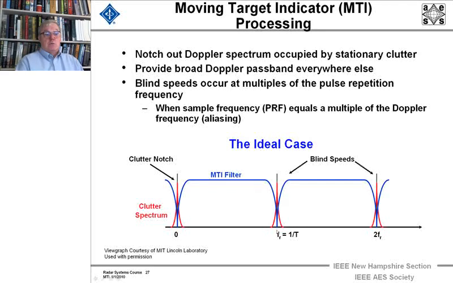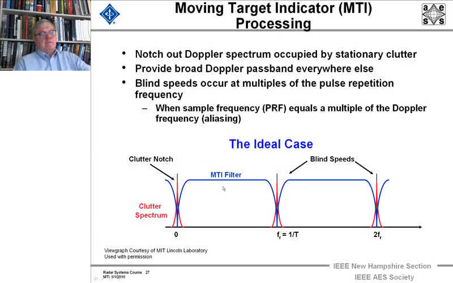And notice that at 1 over the time between pulses, we get a phenomenon called blind speeds. Blind speeds occur at multiples of the pulse repetition frequency, that's Doppler frequency, which corresponds to a Doppler velocity. And that is an artifact of sampling the PRF.